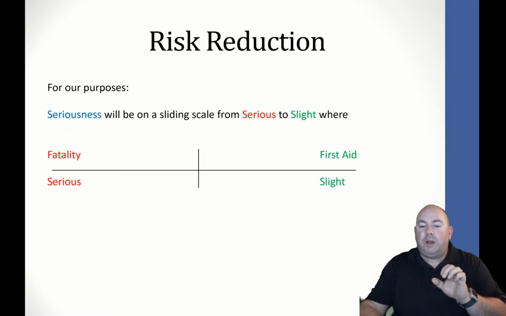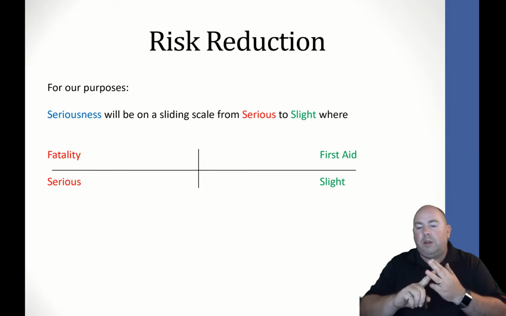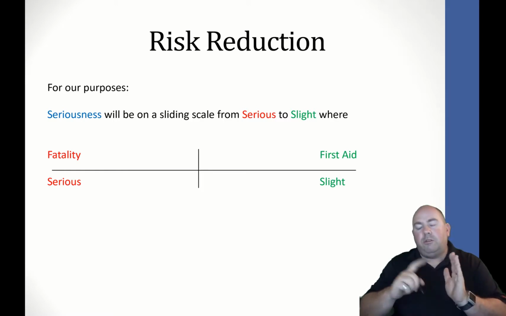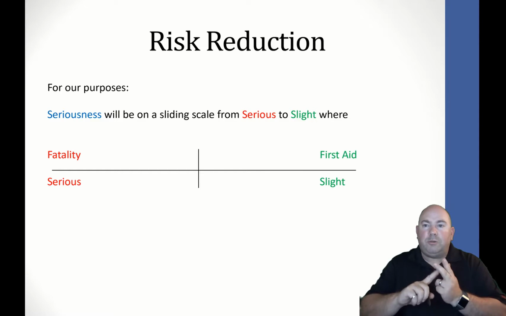Okay, so when we talked about severity or seriousness, exposure, and avoidance, what do those scales actually mean? When we say a serious injury versus a slight injury, think of this as a sliding scale. You need to pick one of these options. Let's talk about seriousness. When we talk about serious, we're talking about a fatality. Okay, that's what we'll call serious on one end.